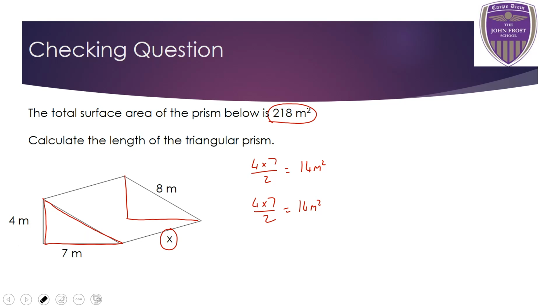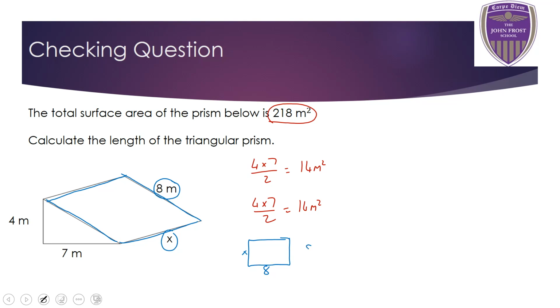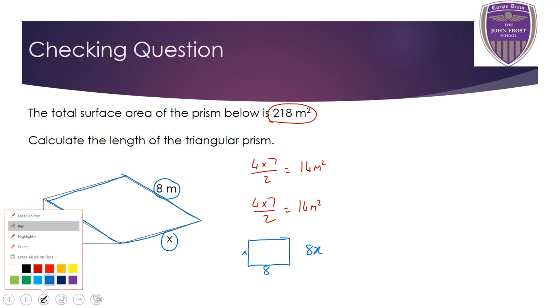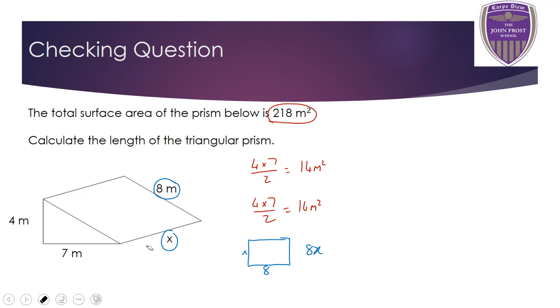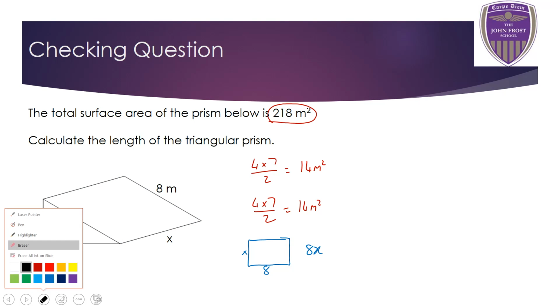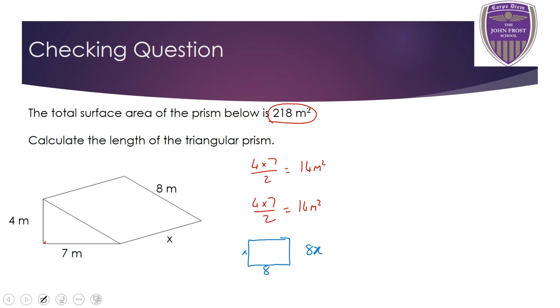Right, let's have a look then at the rectangular faces now. So the first rectangle that we see is this one here. Again, that's length times width, so that's 8 times x. Well, 8 times x, that's going to give me an area of 8x. Right, what are the other faces that we've got on this shape? Well, let's have a look. We've got the base here.